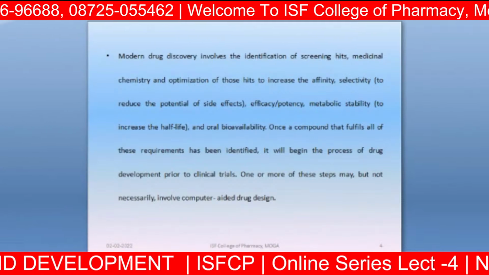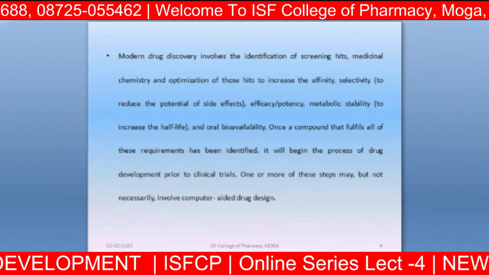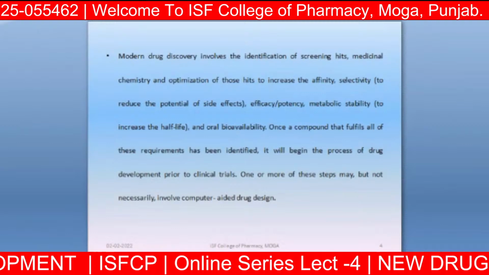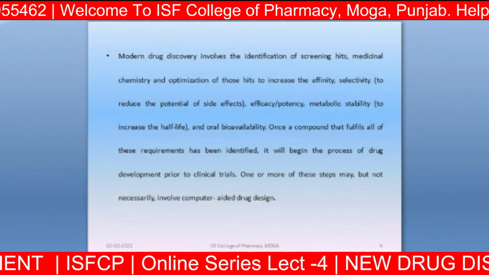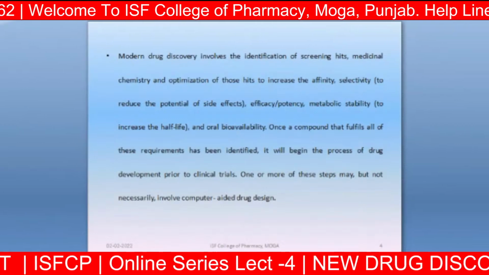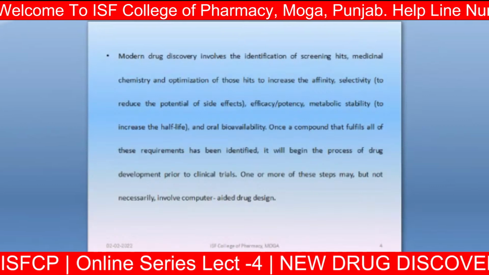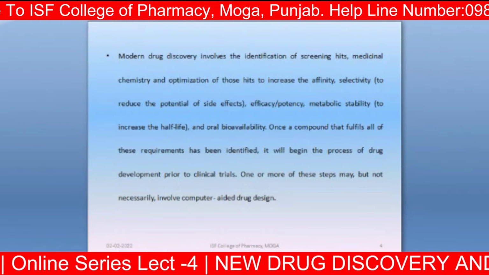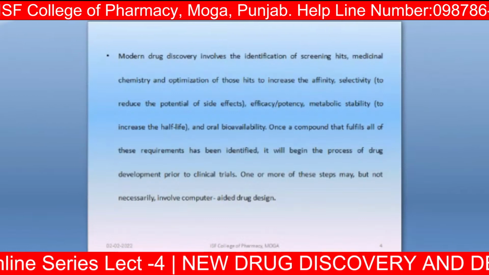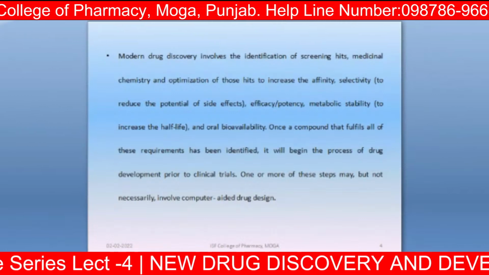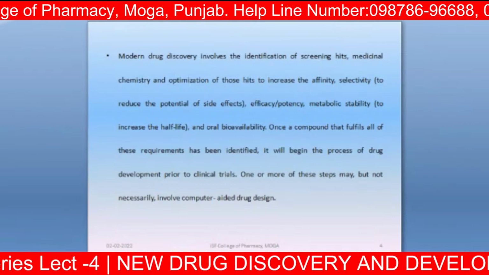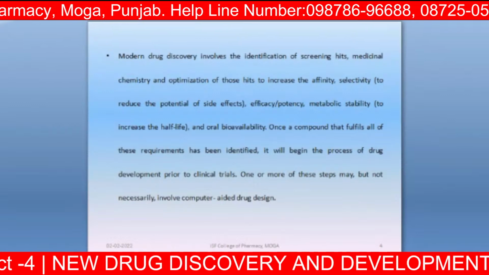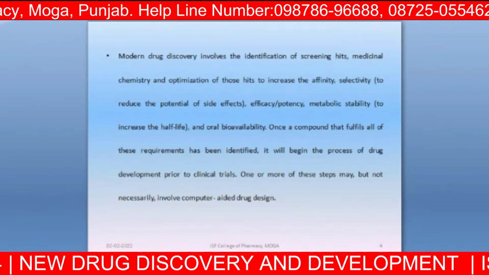All these processes are done before the clinical trials to confirm and to maintain the various official standards given by government norms, as well as health agencies which assess things from time to time, so that a remarkable result can be achieved, though not necessarily involving computer-aided drug design.